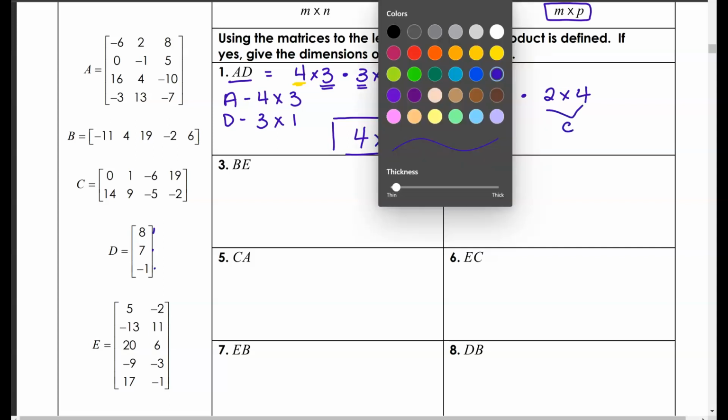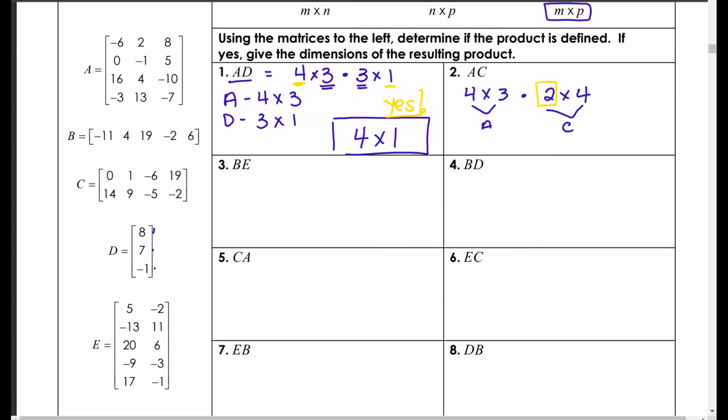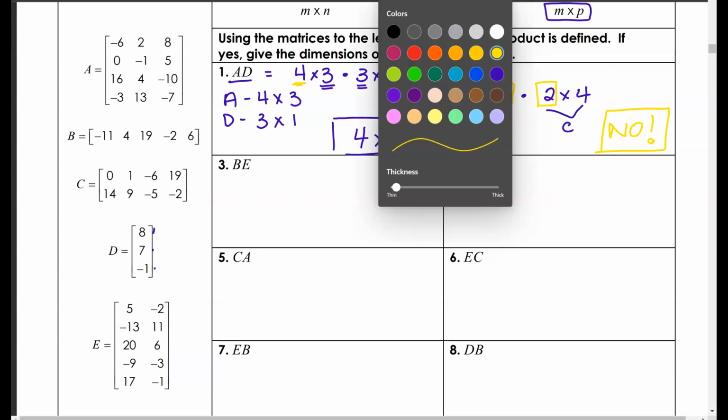Now, because the rows in C do not match the columns in A, the answer to this is no. We cannot multiply these.